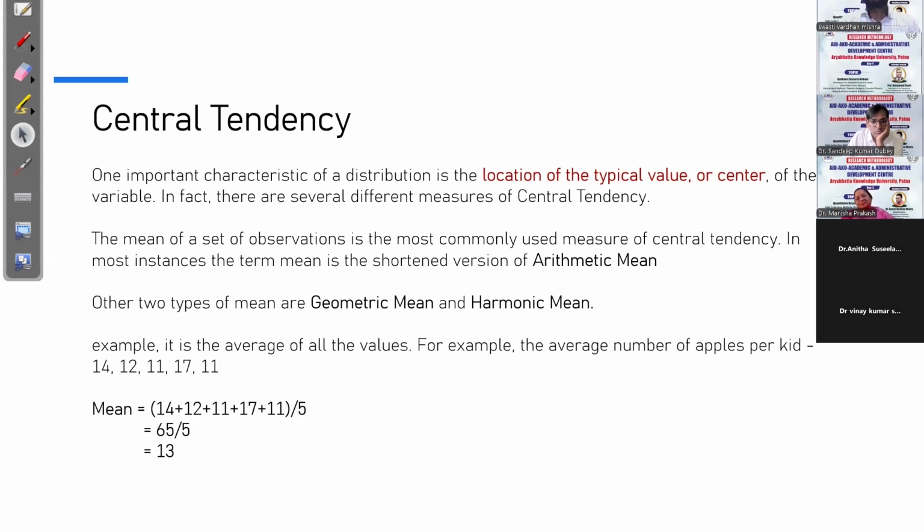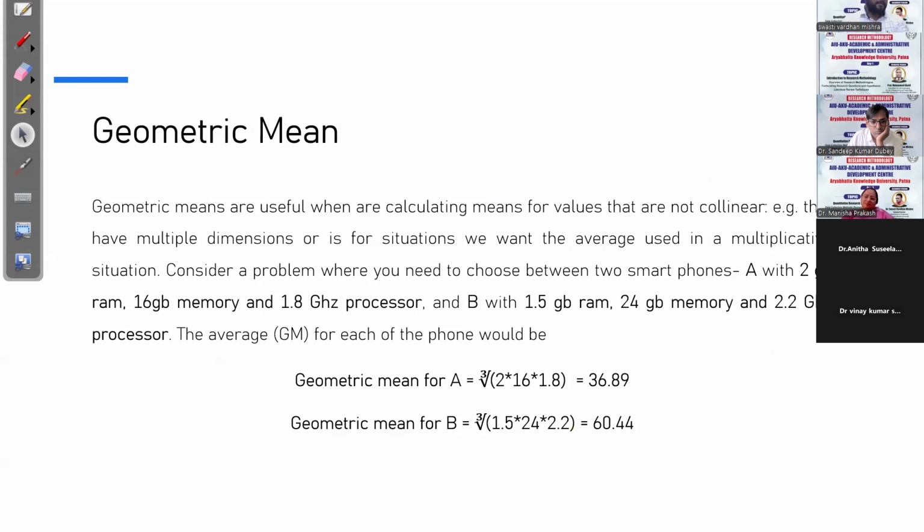The basic is the arithmetic mean, that if you have say 4, 5, 7, 9, 10, for your 5 observations, you add them and divide by 5, and you get the simple arithmetic mean. But oftentimes arithmetic mean doesn't work. For instance, if you want to buy a smartphone and you have two options: one with 1.8 gigahertz processor and 2 GB memory, and the other with 1.5 GB RAM, 24 GB memory, and 2.2 gigahertz processor.